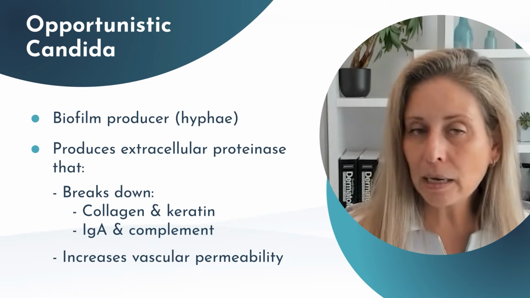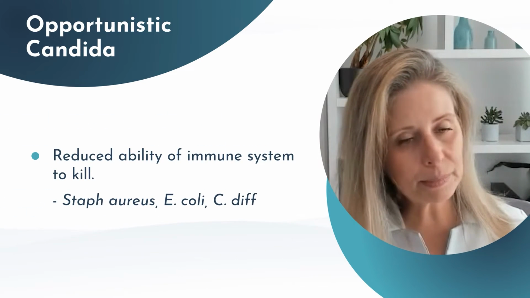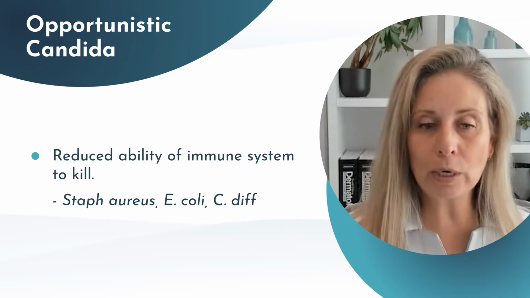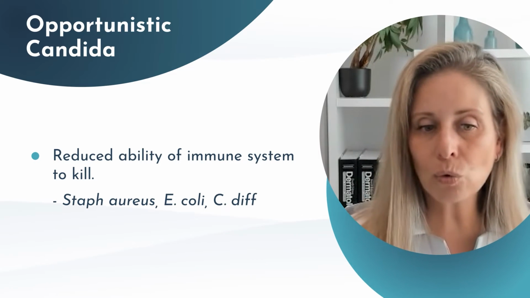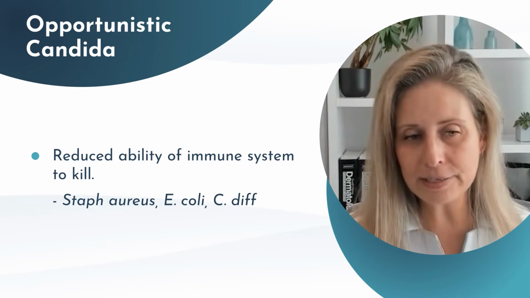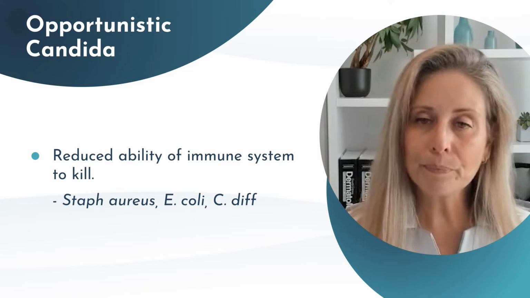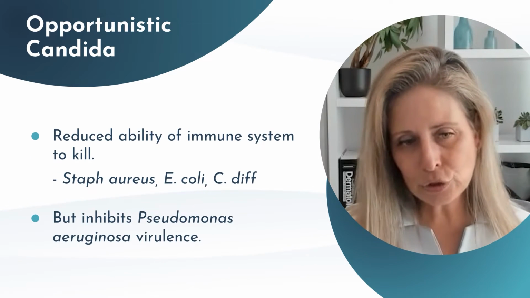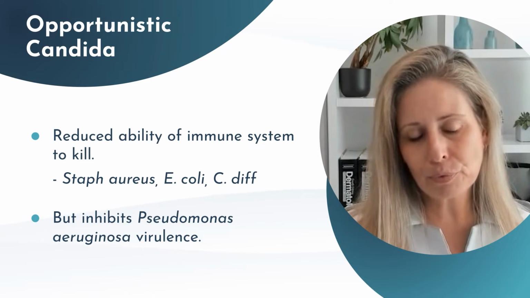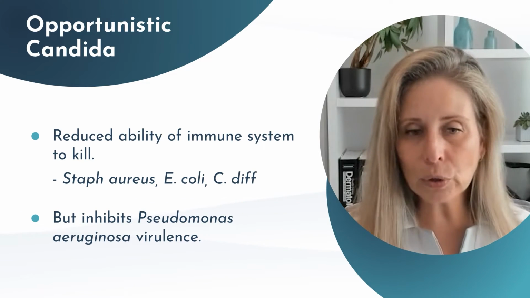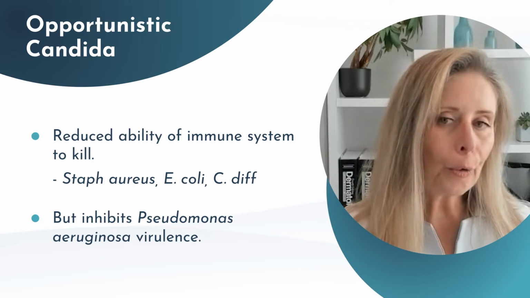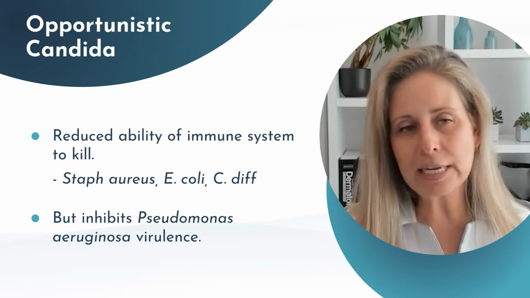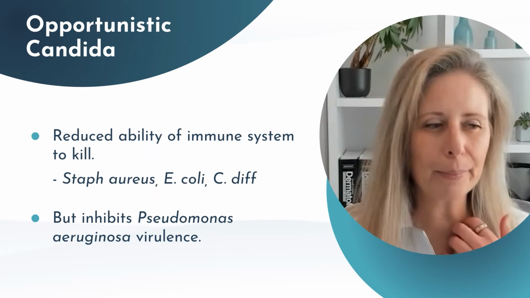In the presence of Candida, the immune system has a reduced ability to kill off organisms like Staphylococcus aureus, E. coli, and C. difficile. So not great. But it has been shown that Candida presence inhibits the virulence of Pseudomonas. So there are maybe some advantages to having Candida, but there's a lot of problems with it.